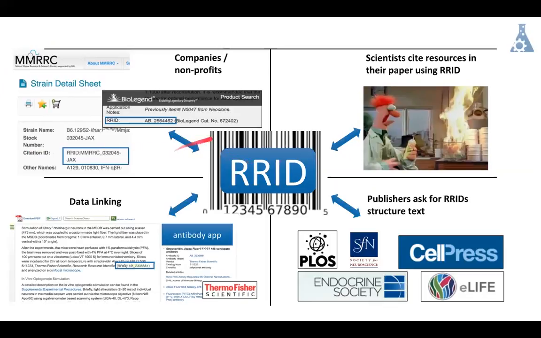And so the scientists will take and purchase these reagents or obtain these reagents in some other way. They'll do their experiments, and when they're ready to report on those experiments, the publishers often will ask these researchers, hey, can you please figure out which RRIDs you're actually using in your paper and put those in.